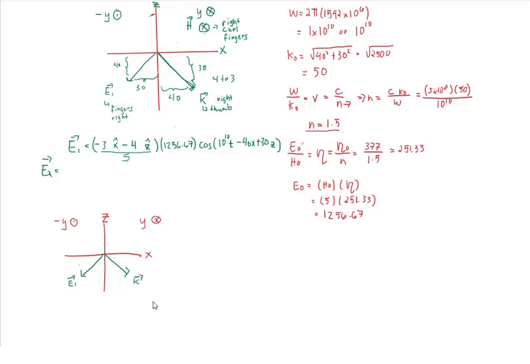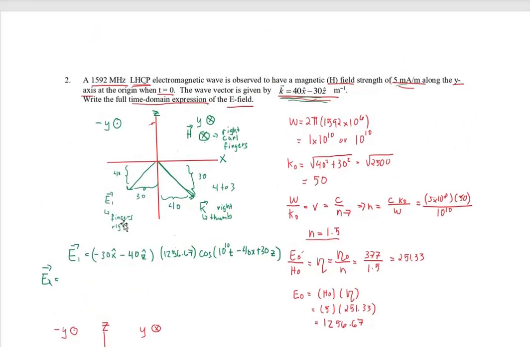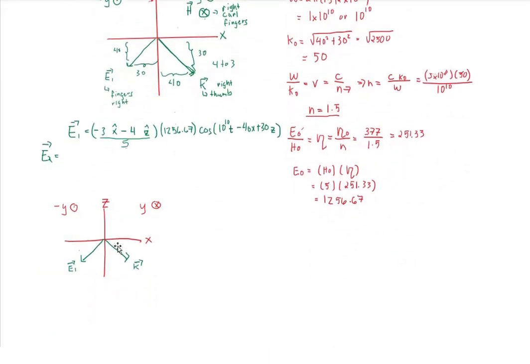Now we are told that this is a left-hand circularly polarized wave, so we are going to use our left hand. With k as our left thumb and E1 as our left fingers, if we position our thumb going this way and our fingers flat going this way, once we curl that, it's pointing out of the page.